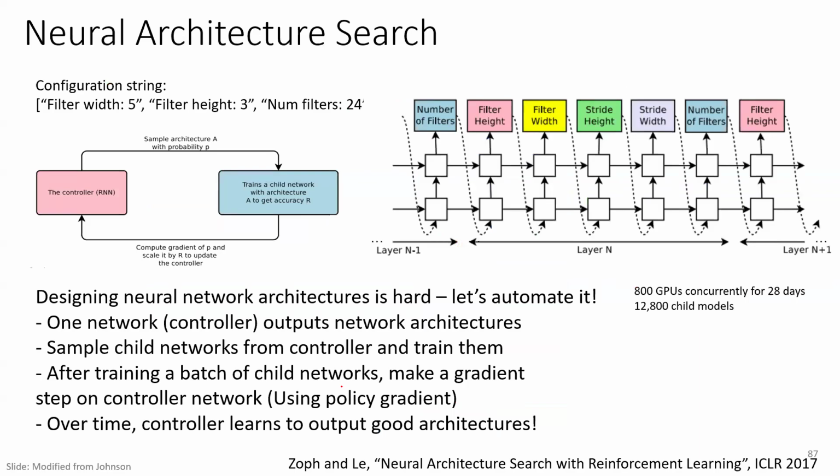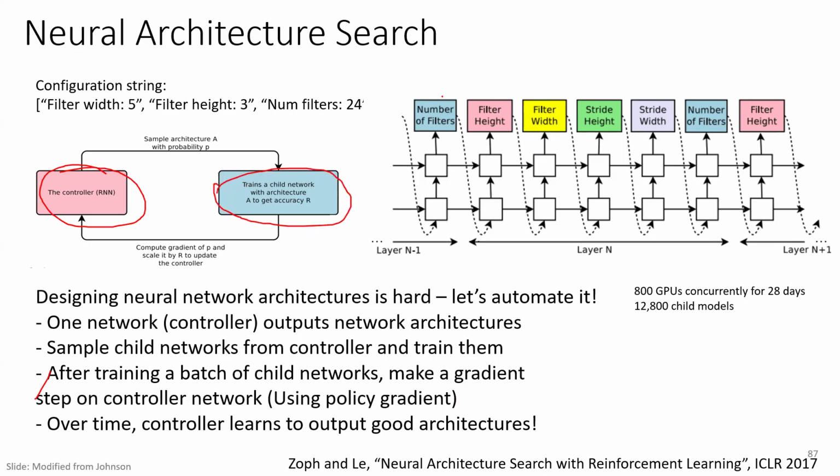Then there was another concept called neural architecture search. In VGGNet we said 3 by 3 convolutions and so on. There, what they did was they had something called a controller network, and then they had child networks.